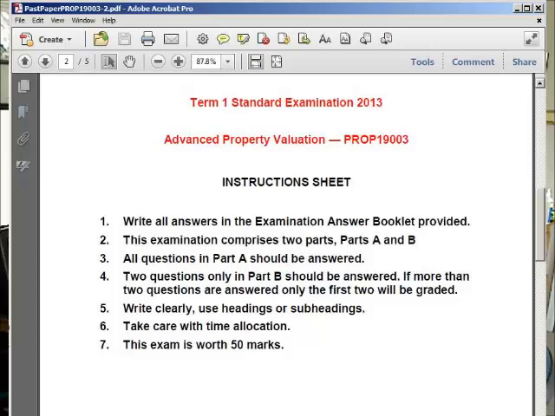To look at the paper for this year, what I can tell you is that the paper consists of two parts. The first part will be relying on your ability to do some property mathematics, some cash flow mathematics.